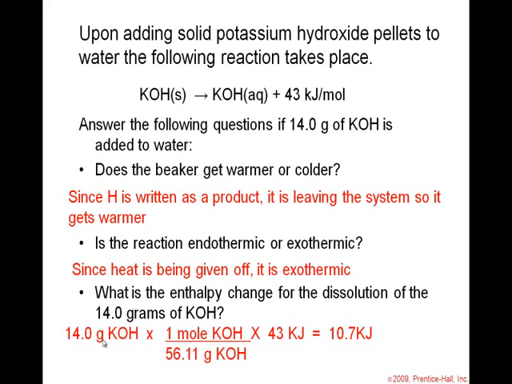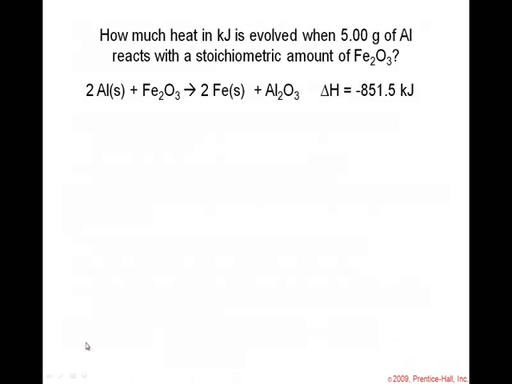I'm starting with 14 grams. Its molar mass is 56.1 grams. I have 1 mole of potassium hydroxide. And I know that's 43 kilojoules, and I end up with 10.7 kilojoules for that 14 grams.